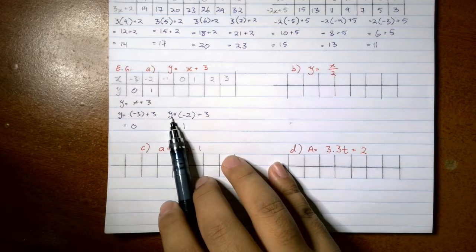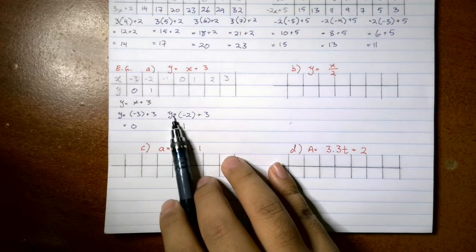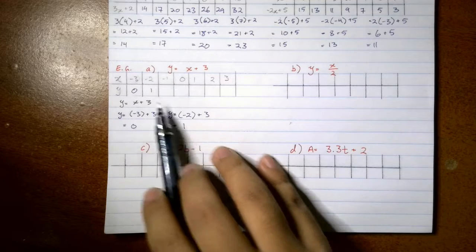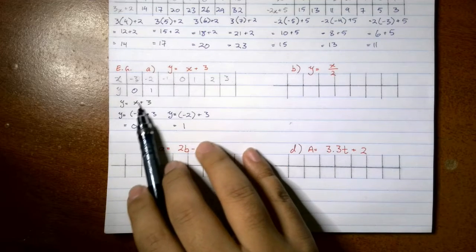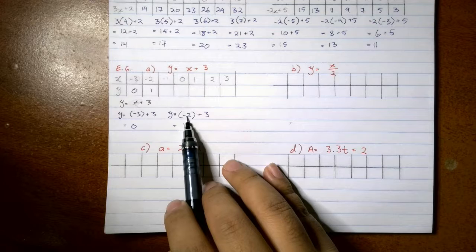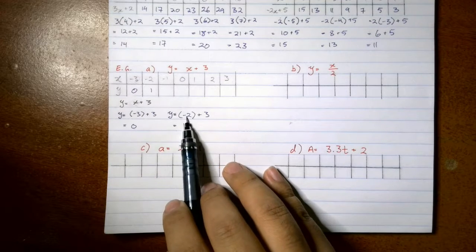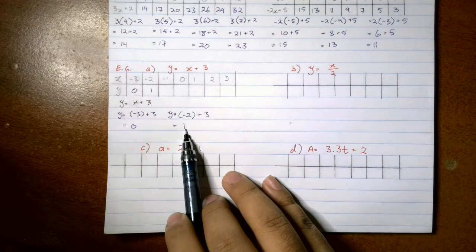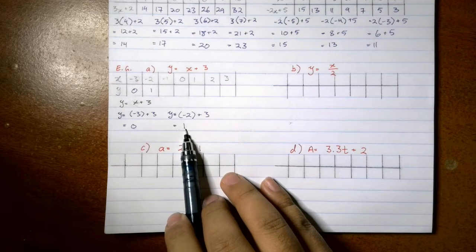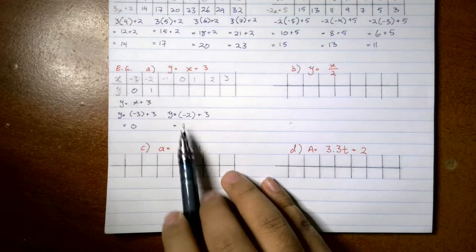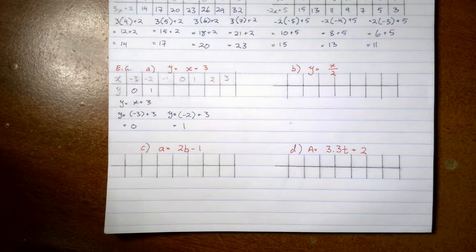Here we also have y equals -2 plus 3, where -2 is supposed to be the x, but since we've substituted -2, it is now -2 plus 3, which is +1.